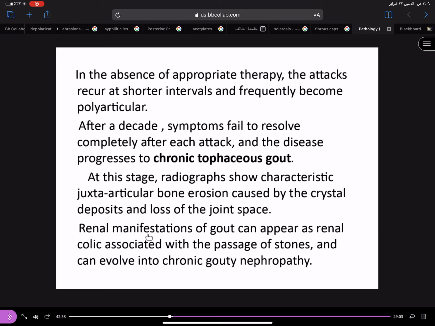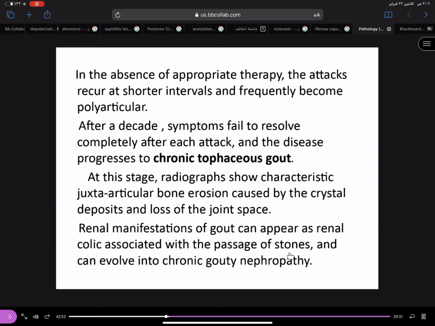And ultimately, renal manifestations can also appear because these crystals will form stones in the kidney. So this is called chronic gouty nephropathy. Chronic means long duration, gouty means the reason is gout, and nephropathy means damage to the kidney. So stones can form in the kidney. So this is the overview of what happens in this disease.